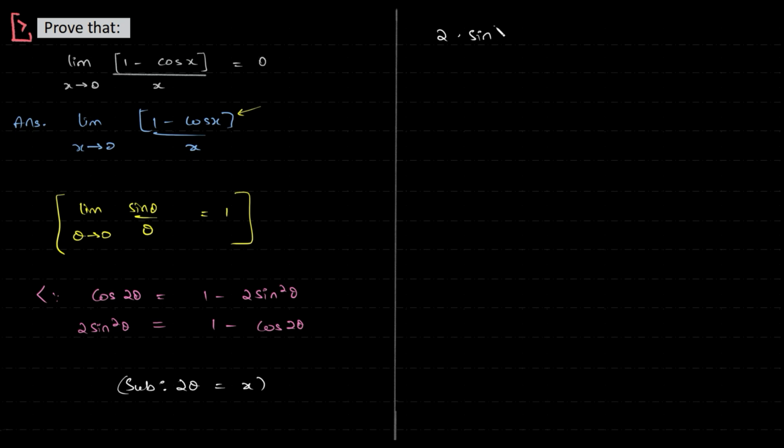Yes, it becomes x by 2. Which is equal to 1 minus cos of x. Okay. Next, let's go back to the question.